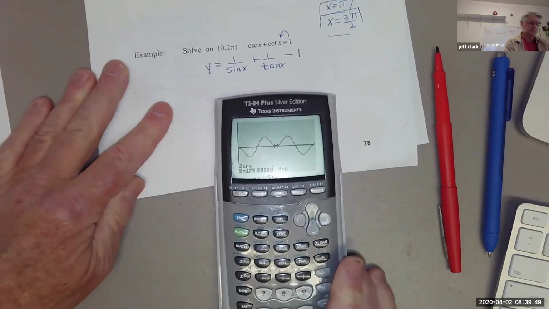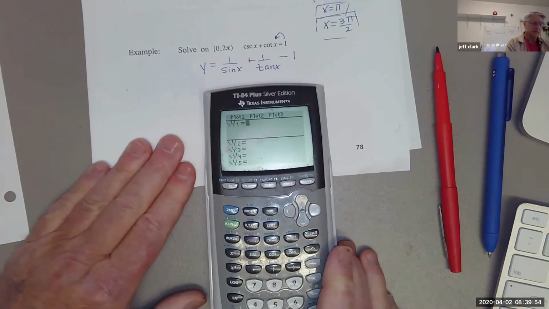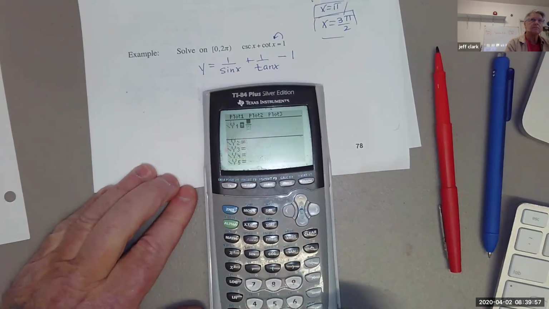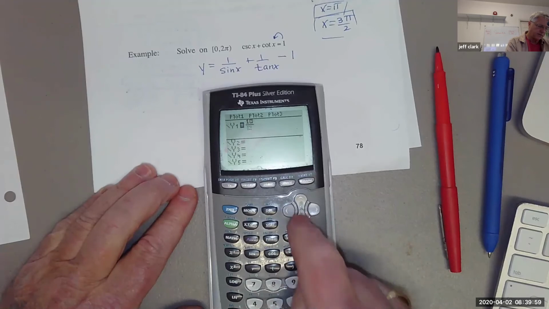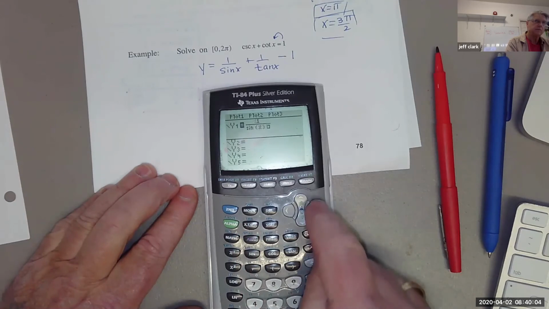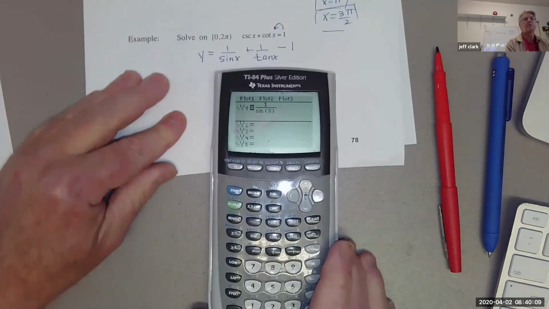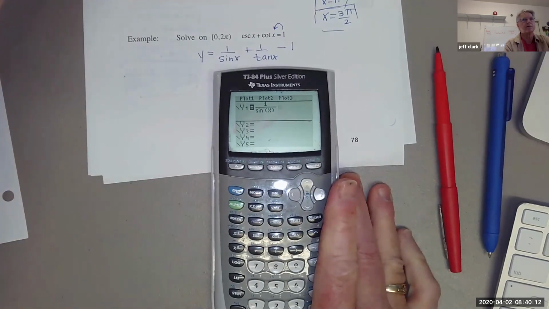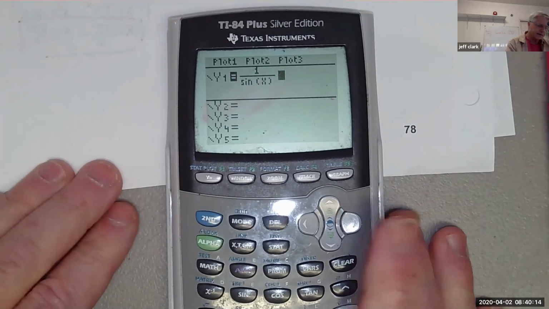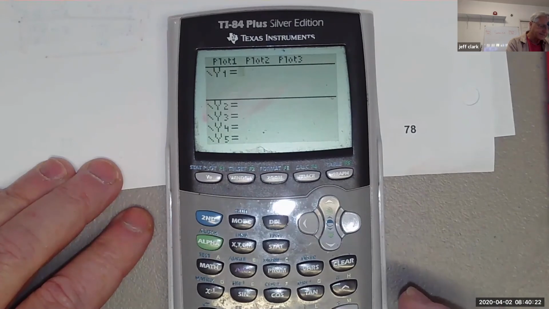All right, let's put this in my calculator. Y equals, get rid of that. Fraction. 1 over sine x. You see that? Zoom in here. Well, that was weird. Don't want that. Let's try this again.